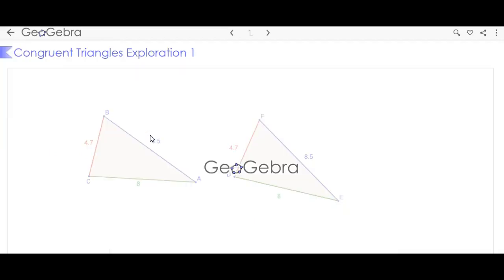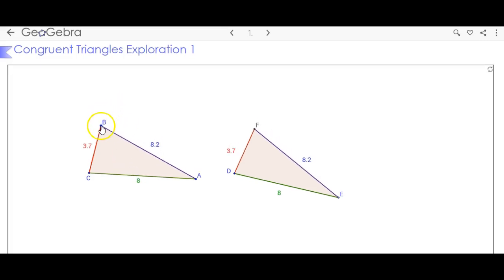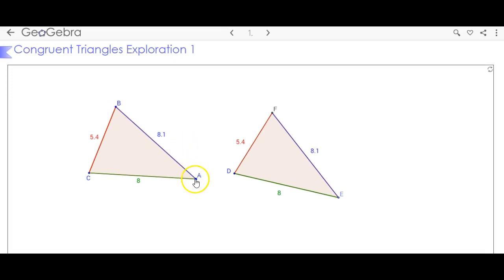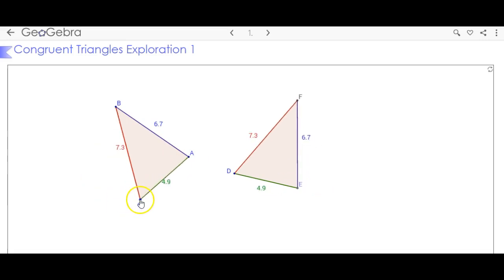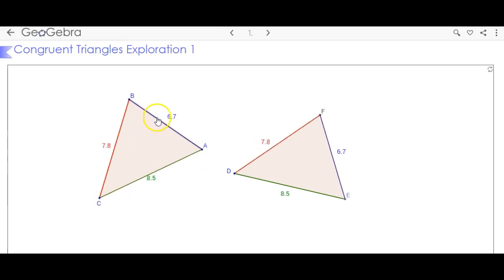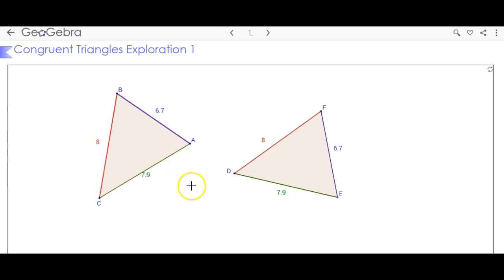As we look at the first one, these 2 triangles are congruent. I can tell because they are shaded. My job is going to be to try to move the angles or the sides around to see if it is possible to create 2 triangles that are not congruent.